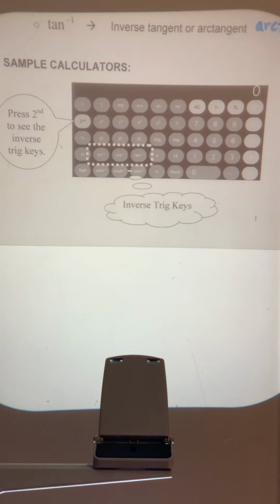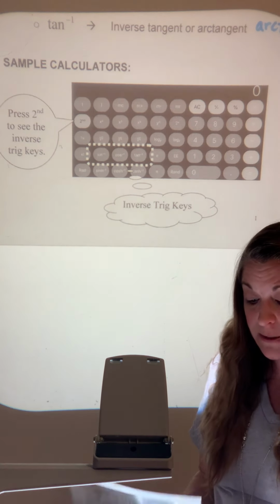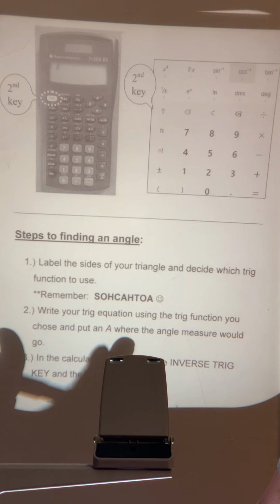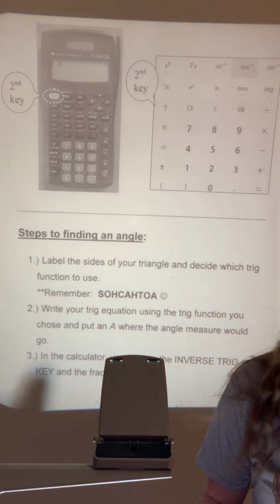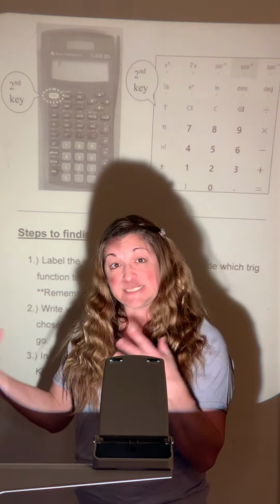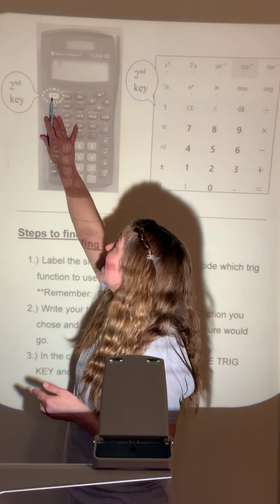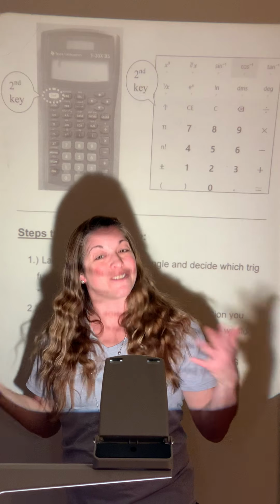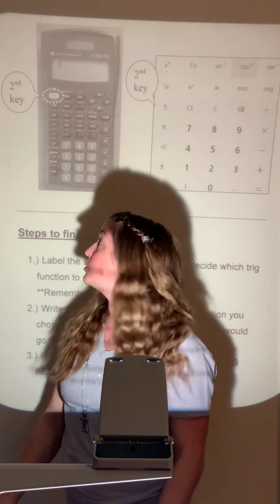Other calculators that I know that some of you might be using. On here, the left one is a typical TI scientific calculator, which again, you will have to hit second first. The second key is up here. This looks exactly like the graphing calculators we were working with in school.